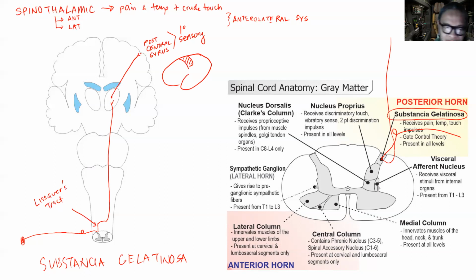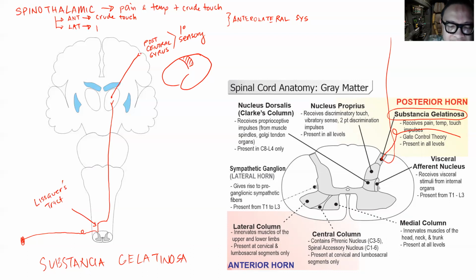Anyway, another side note: your anterior and your lateral spinothalamic tract, there's a difference in the type of sensory modality that they're carrying. Your anterior spinothalamic carries crude touch, or, well, general pressure.